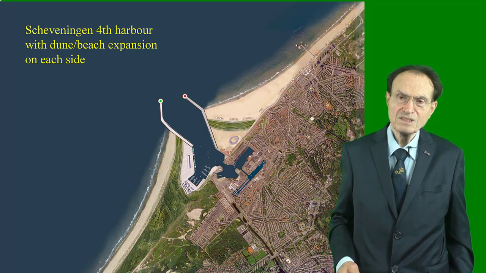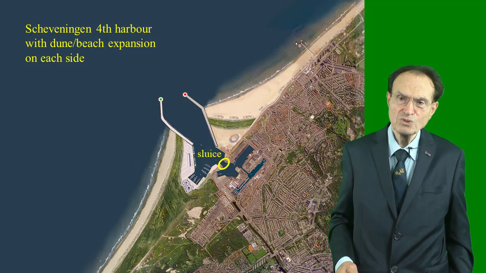And this will be the situation near Den Haag, Scheveningen, with the new fourth Scheveningen harbor, protection with the sluice of the endangered village of Scheveningen, which is part of The Hague.